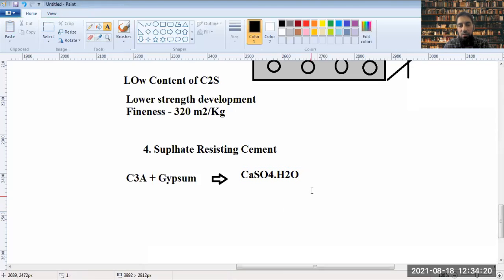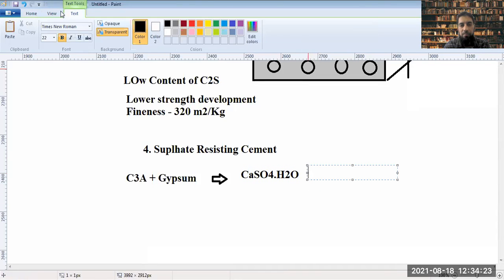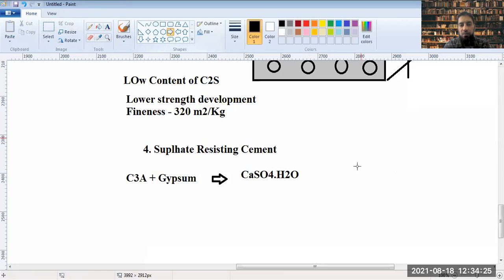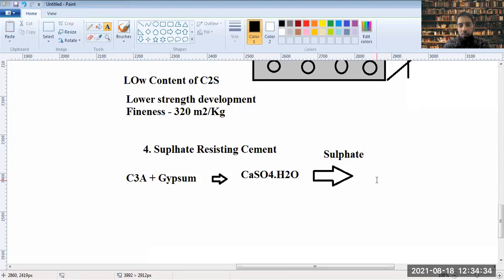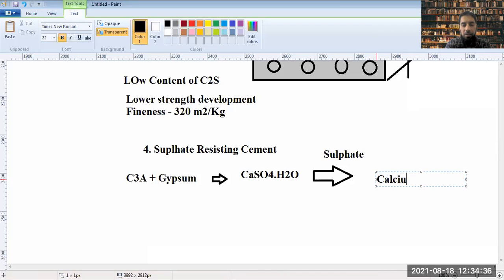And in the presence of the sulfates, what do you get? You get calcium aluminates. Now, what is the property of these calcium aluminates in the presence of sulfur?